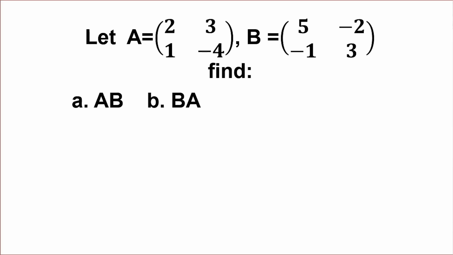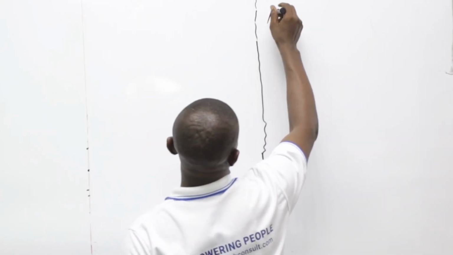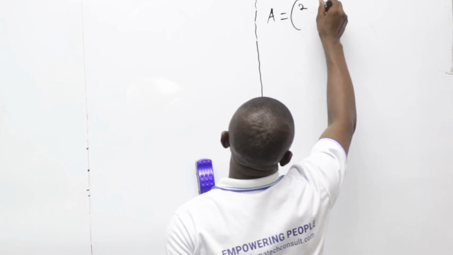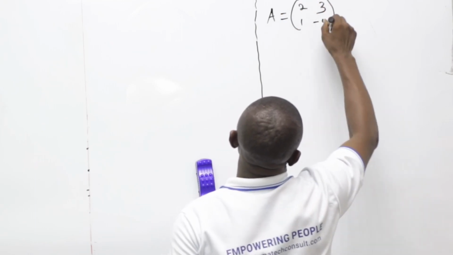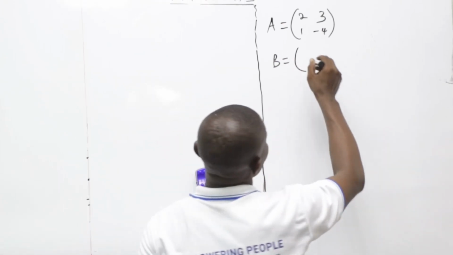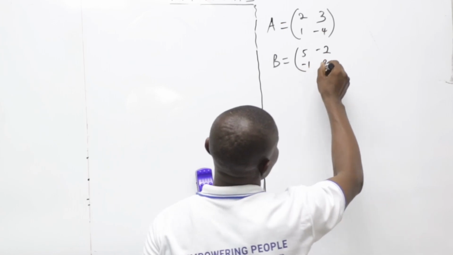Find AB and BA, that is A dot B and B dot A. That is, we are having the matrix A as 2, 3, 1, minus 4, then B as 5, minus 2, minus 1, 3.